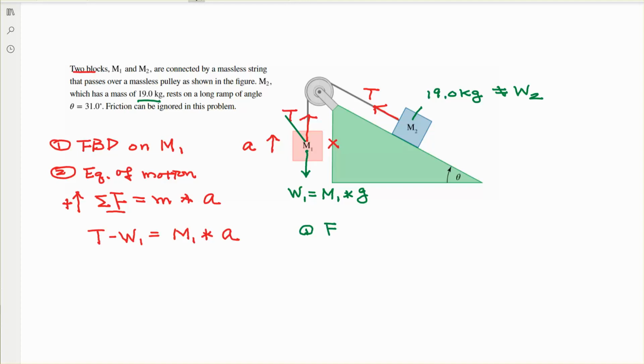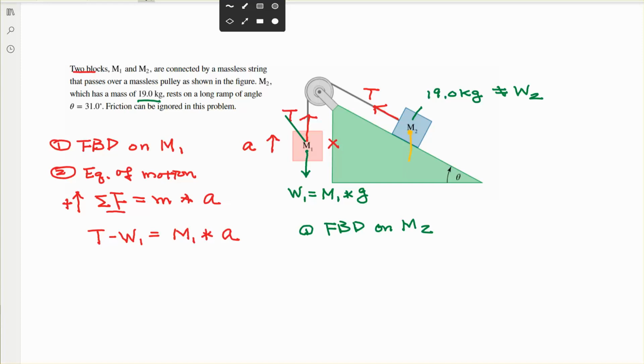Let's look at the free body diagram on the M2, and I'm going to use another color. Let's use yellow. So M2, what are the forces acting on the M2?